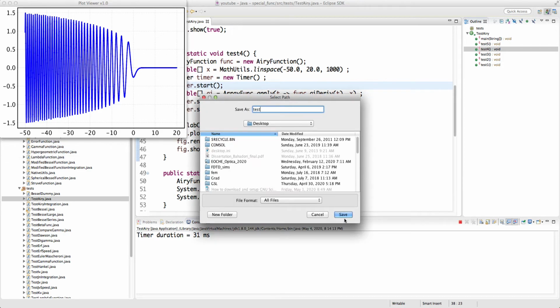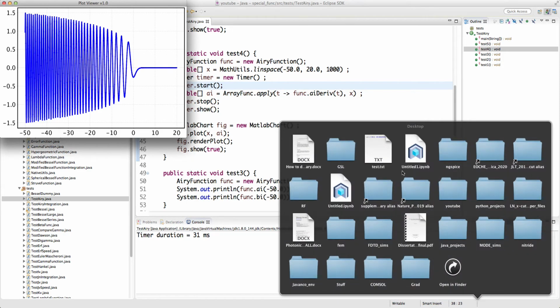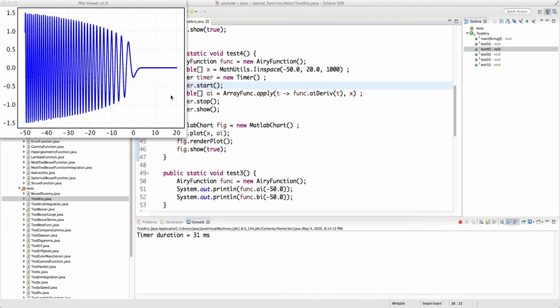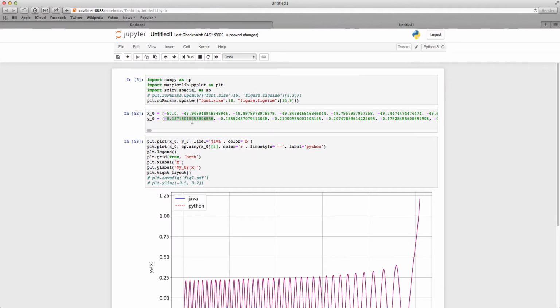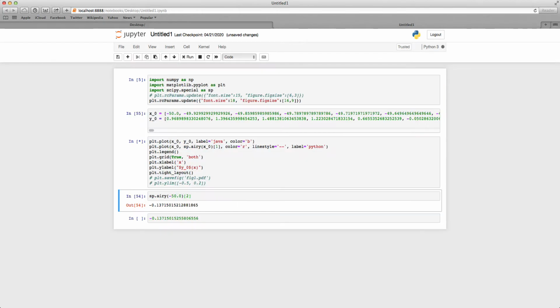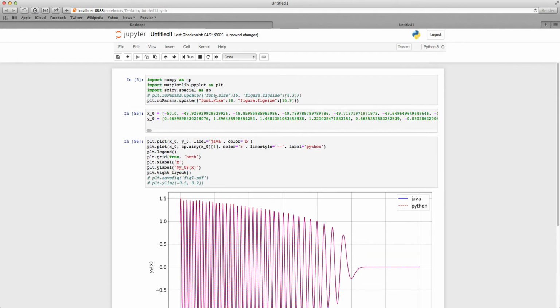And we can also export these to Python, open in a text file, copy, and then paste in the Jupyter Notebook. So Ai prime is index 1, or the second value in this array. And as you can see, we have a good match.